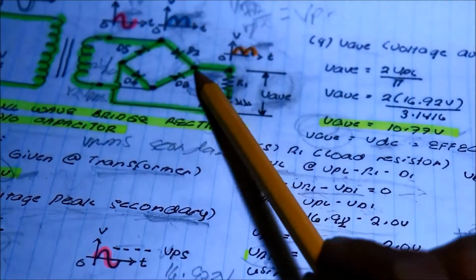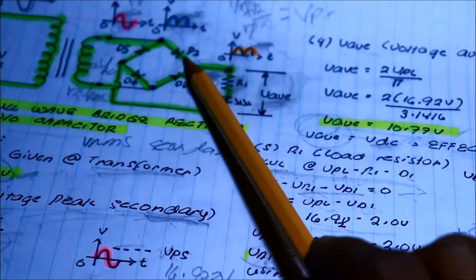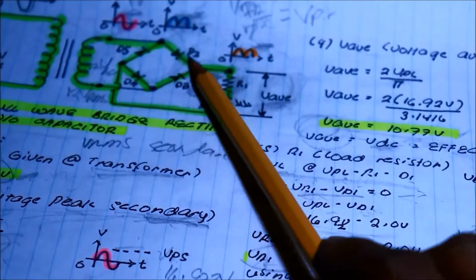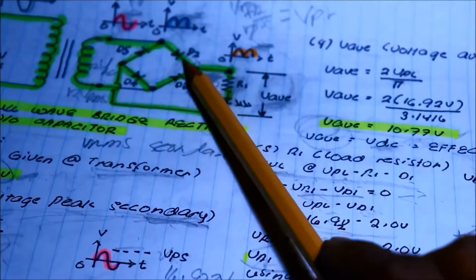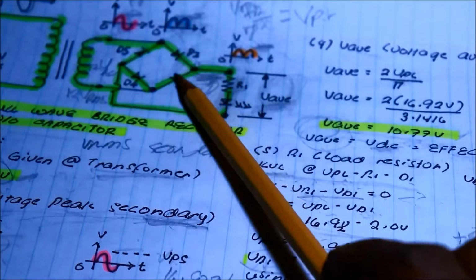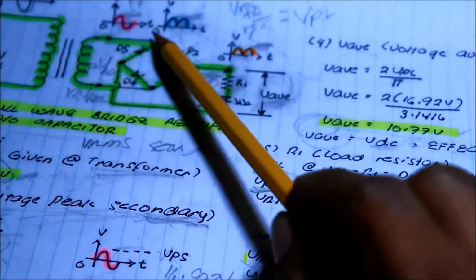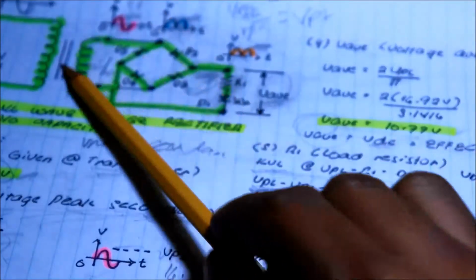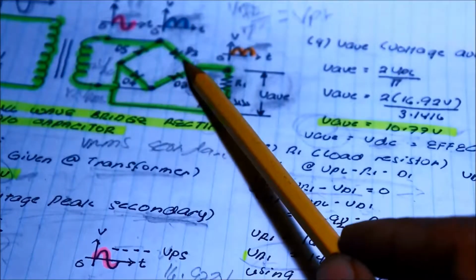See here? How long will it take? We need a peak inverse voltage to counter that reversal of the wave, or the reverse direction of the wave, or the reverse bias condition of the diode.